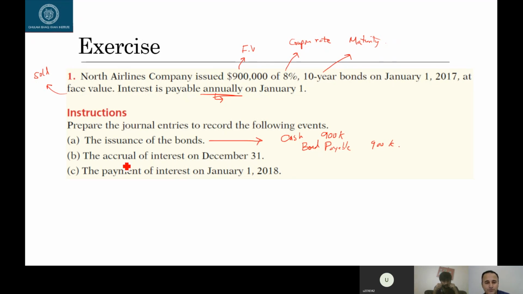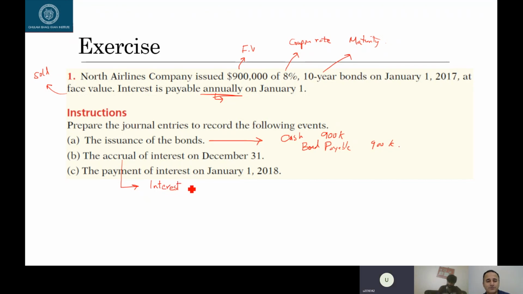Humayun. So the accrual of interest: how do I make interest an expense, an adjusting entry for that? Interest expense will be debited, sir. Okay, Junaid, let Humayun answer this.